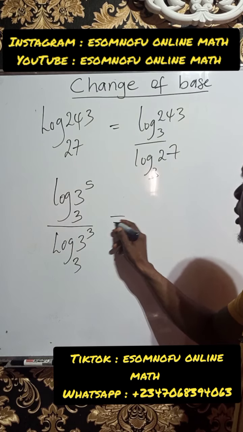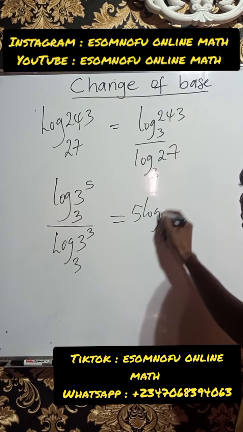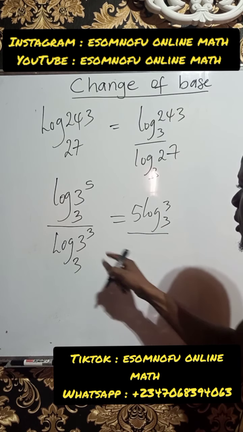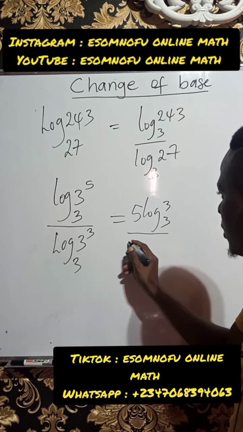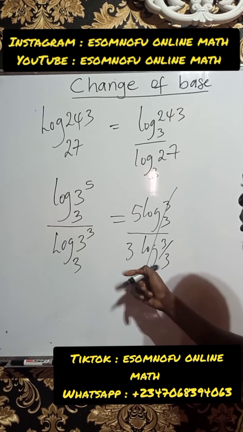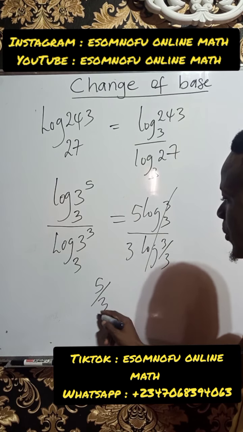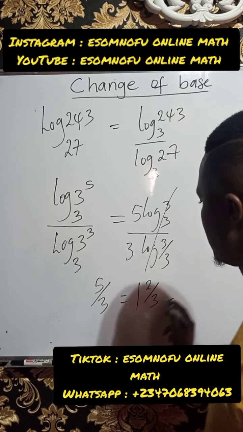From the laws of logarithm, the 5 comes to the front, we shall have 5 log 3 base 3 over 3 log 3 base 3. They cancel out, leaving us with 5 over 3. 5 over 3 is the same thing as 1 whole number and 2 over 3 as the answer.